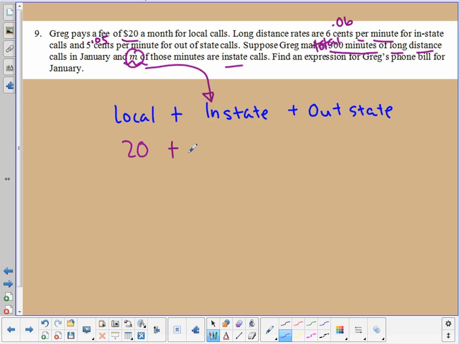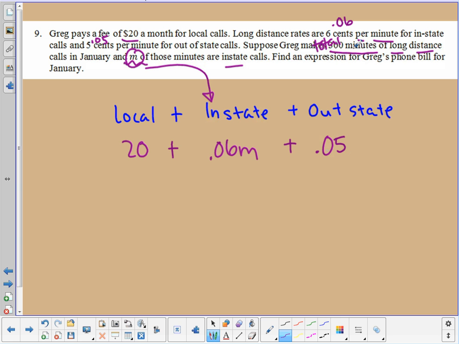Okay, so now let's talk about what these two pieces look like. I know that I have 6 cents per minute for in-state calls and M minutes. So I'm going to have 0.06 times M. That's for my in-state calls. Then the out-of-state calls is a little bit trickier. It's 5 cents per minute, but we don't know how many minutes he had.